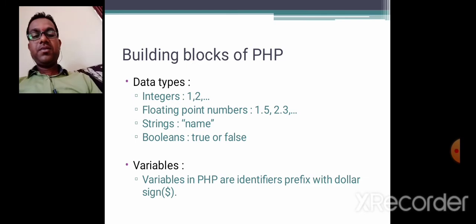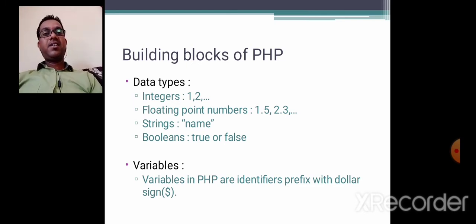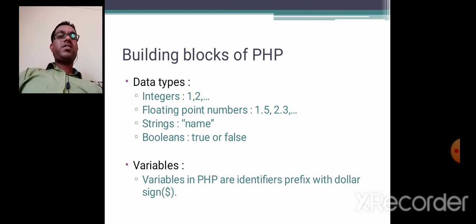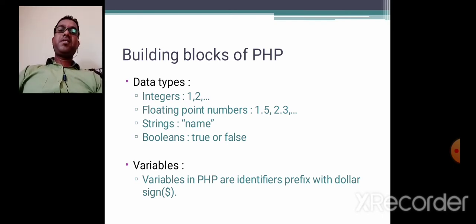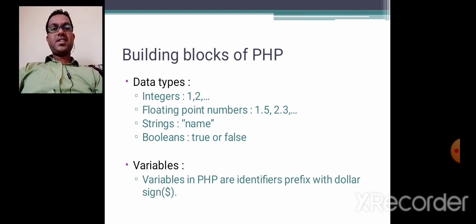Now the next one is the building blocks of PHP. When we are going to write any code in any language, the important point is data types. Basically they are the building blocks of PHP or any language. A data type is defined as a set of values and allowable operations on those values.